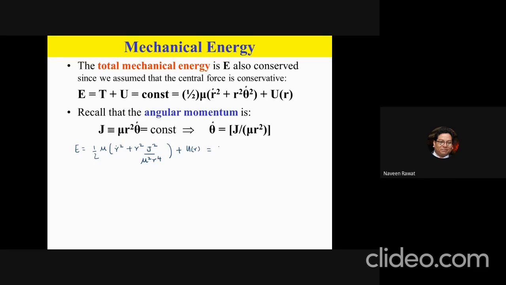So I will have 1/2 mu r dot square, and I can multiply this mu inside if I want, or maybe I don't want to do that for now. Let's keep it the way it is, plus J square by mu square r square. That's my first expression, and then I have a U of r. So that is my total energy.